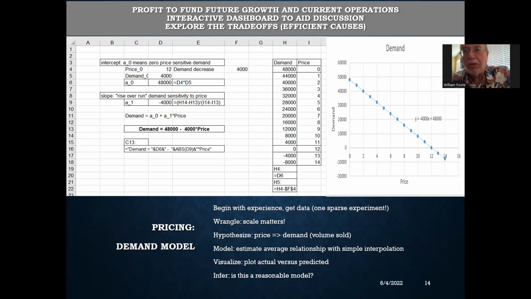We don't have enough data to build a quadratic. There might be some bend in that line, yeah, but right now we don't have enough data. We've only done one experiment. This tells me that we probably want to do a couple of other demand experiments in the marketplace and see how sensitive consumers are to this particular decision variable called pricing.